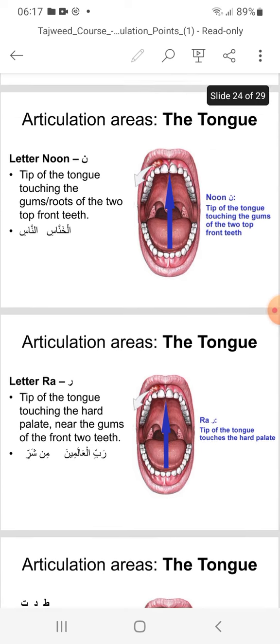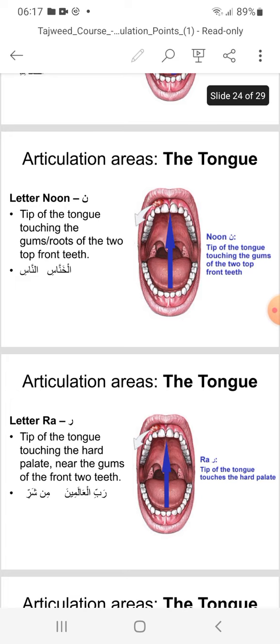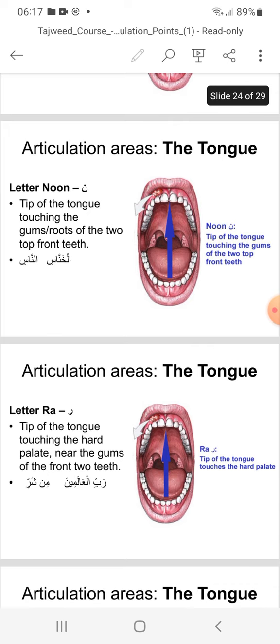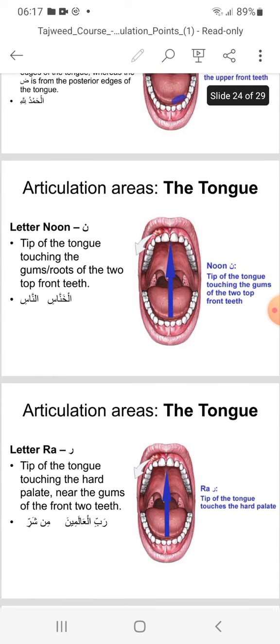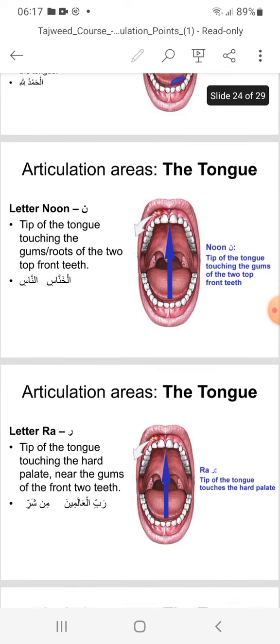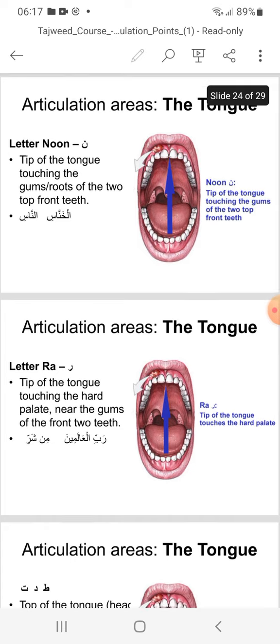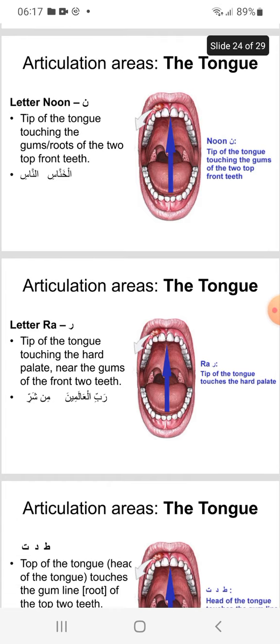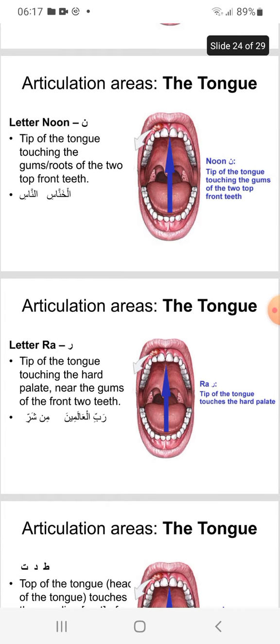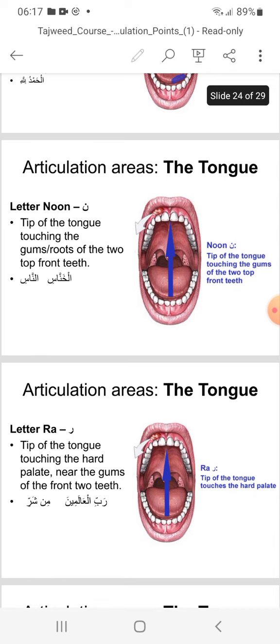So if you want to avoid the repetition, what you should take care about is that you don't touch the whole tip of the tongue with the gum. You just use the sides in order to leave a gap in the middle where the sound will run. First, the sound is trapped because you already touched the gum of the upper teeth, but you should leave this gap in the middle.